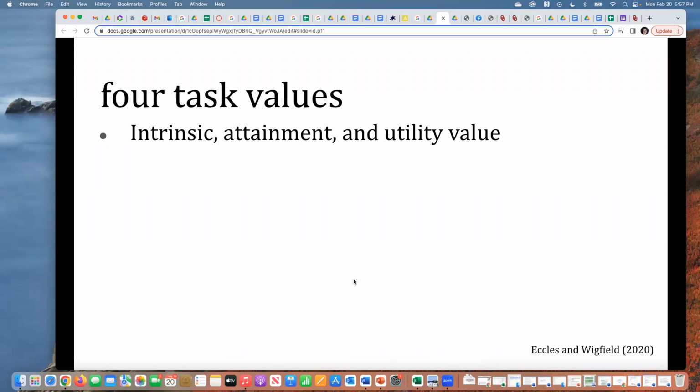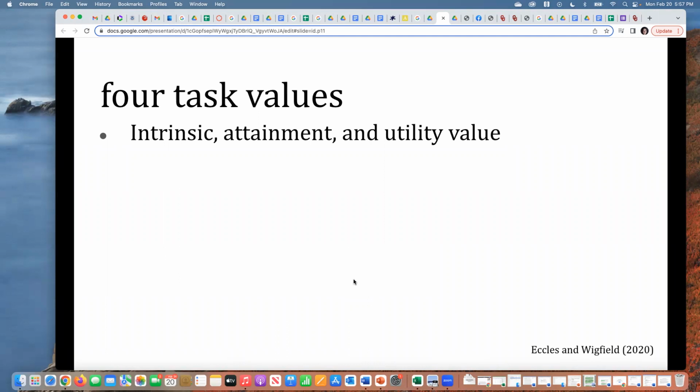With regard to attainment value, this is a construct that is very closely related to a student's identity. In other words, what is the personal importance that a student associates with a given academic domain or task?